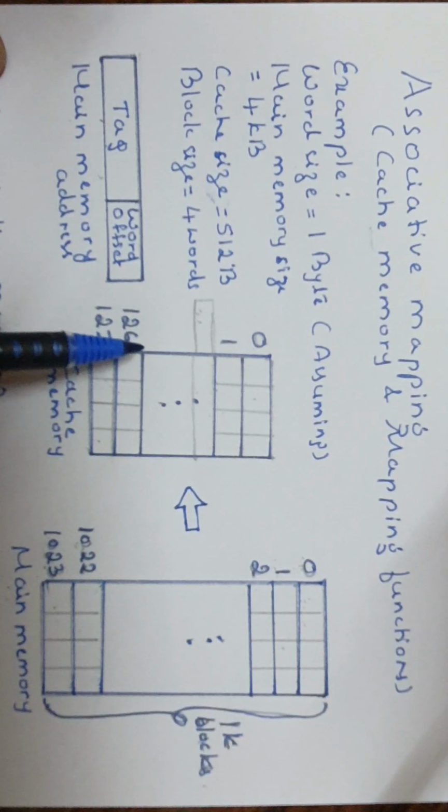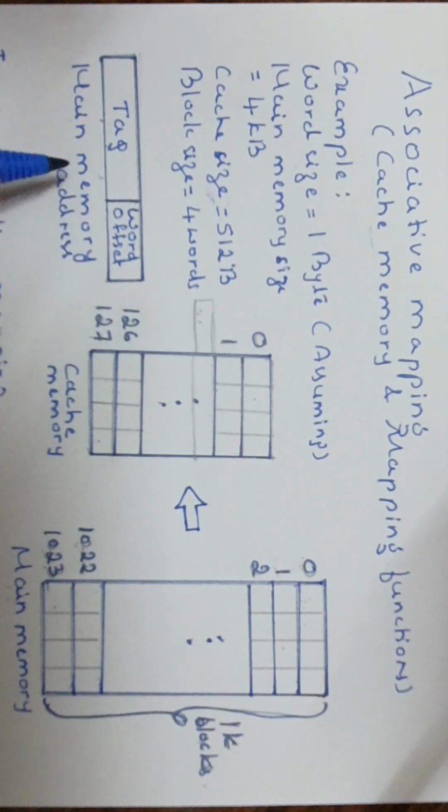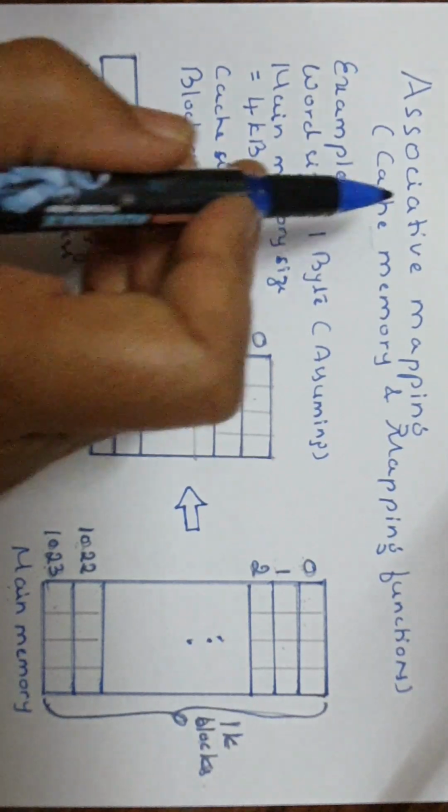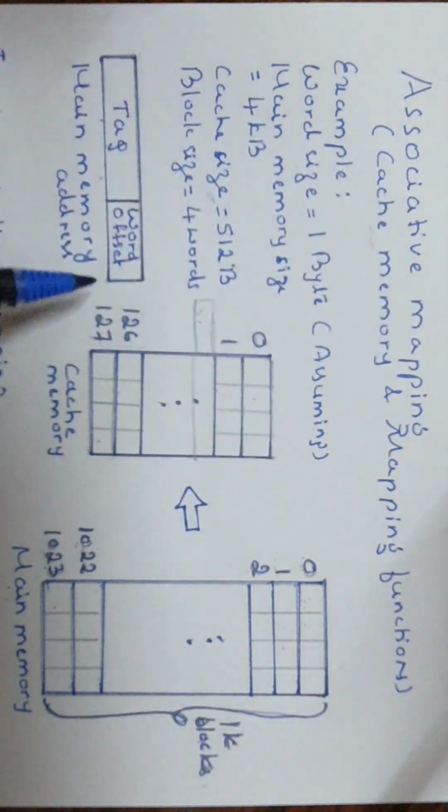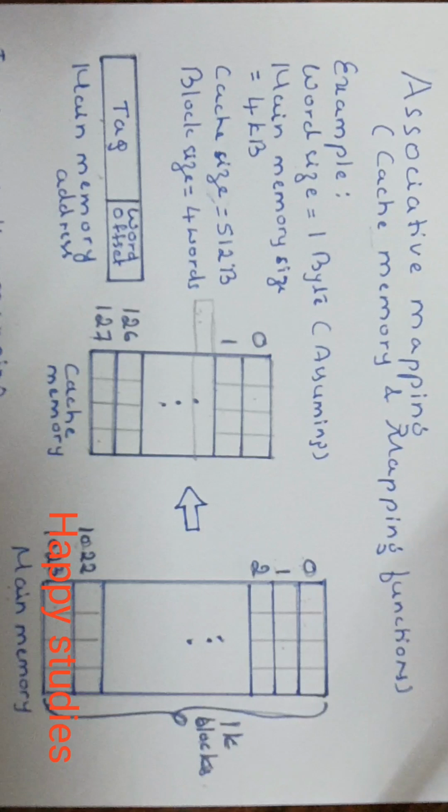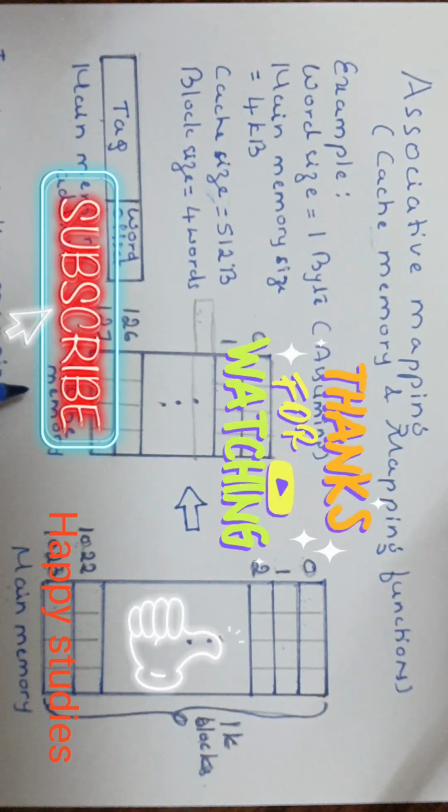In this, how many questions did we answer? 2 questions. Find the physical address split, and second, the tag directory size. And one more thing we learned here: associative mapping is more flexible when compared to direct mapping. That completes the discussion. I hope you understood. Thank you.